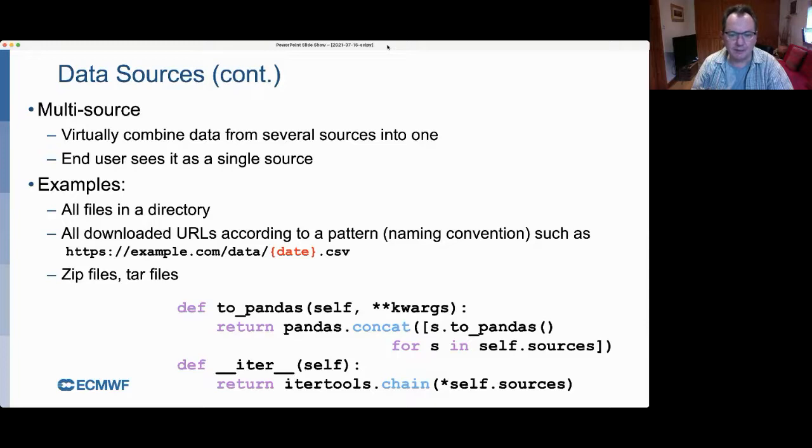So sometimes it's trivial, like for example, to get a pandas from the multi-source it is simply to use pandas concat on all the sources. To iterate, it's just to chain all the sources, but there are things which are more complicated to merge. Xarray has many methods to merge Xarray data sets. If they are different, it's very hard. So we are also looking into that.